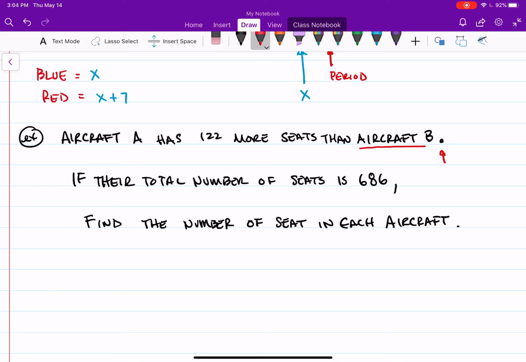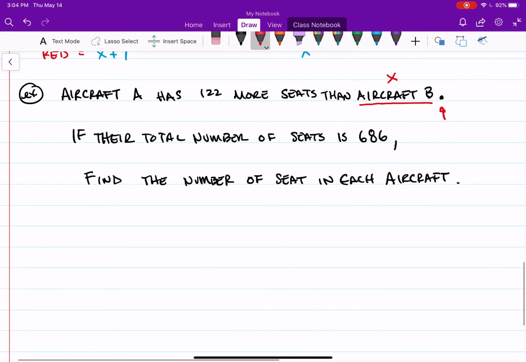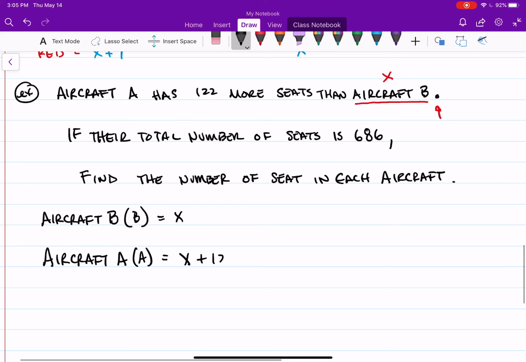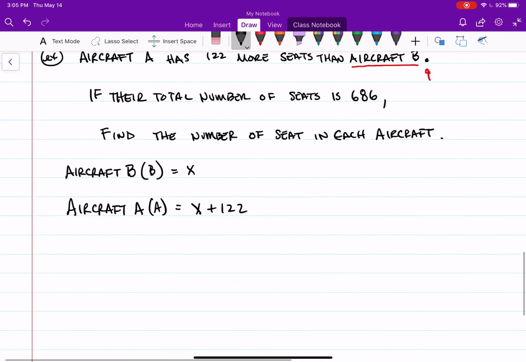So I know that this right here is my X. So aircraft B, I'll call that just B, is equal to X. Aircraft A, I'll call it A, has 122 more than X. So how do I write 122 more than X? X plus 122.